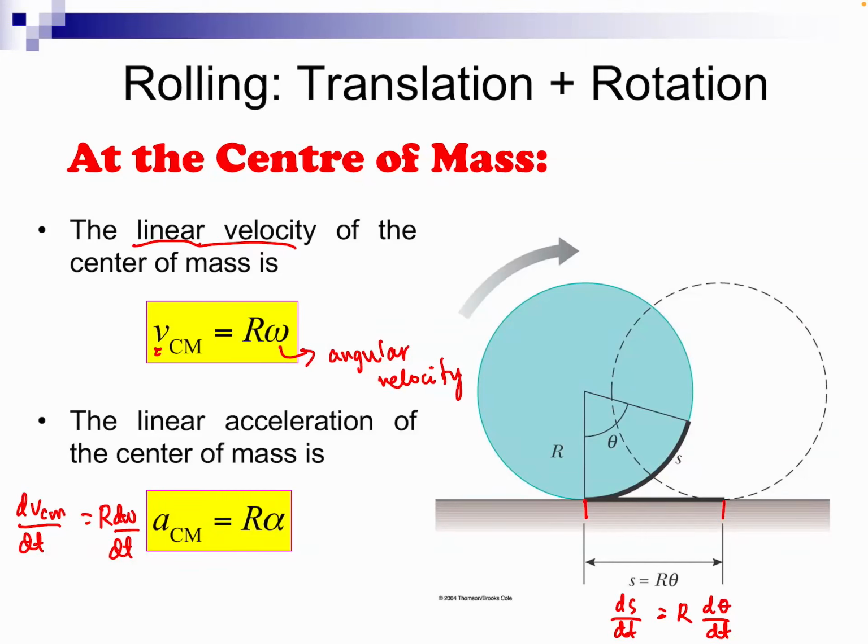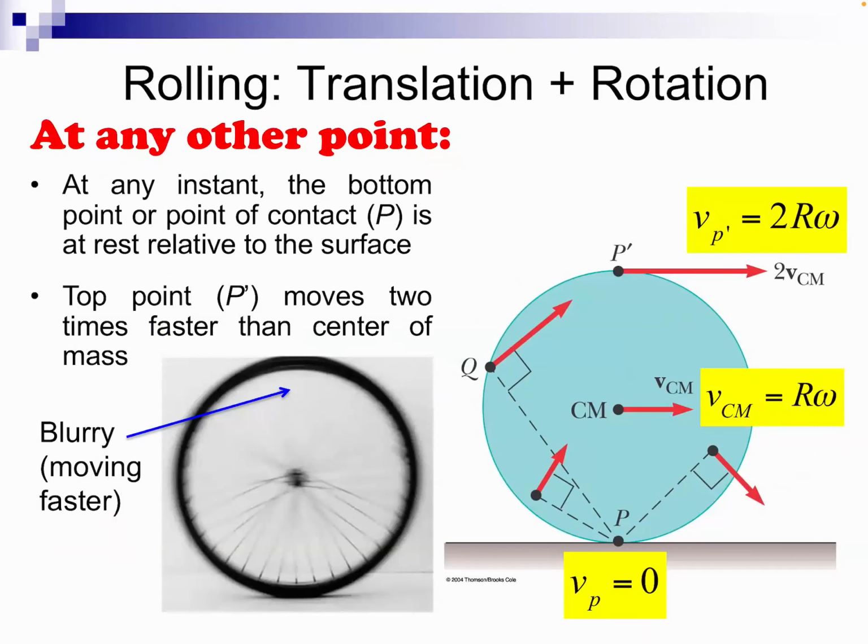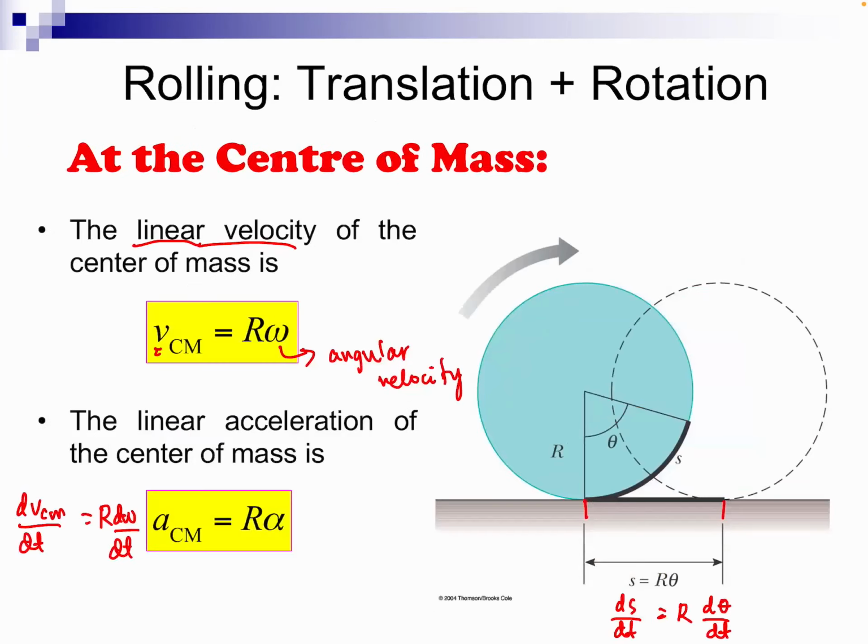Right. So at any point during the rolling motion, the center of mass will have a translational motion whose linear velocity is equal to the radius times the angular velocity, as we've derived from the previous slide.